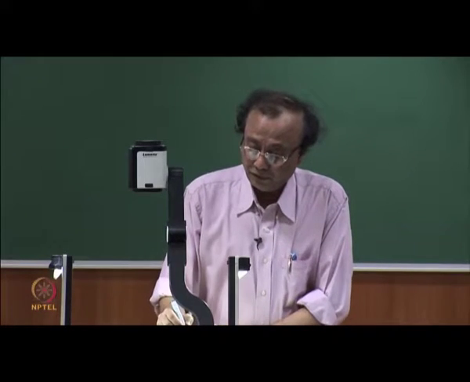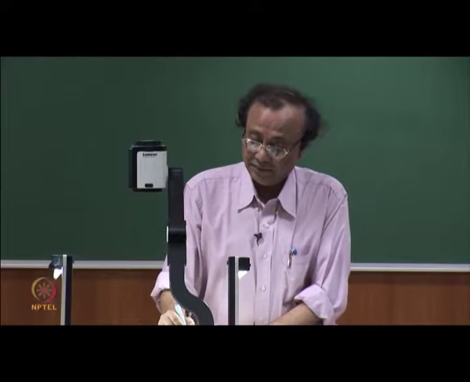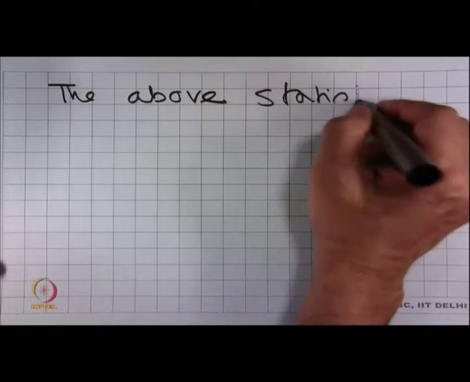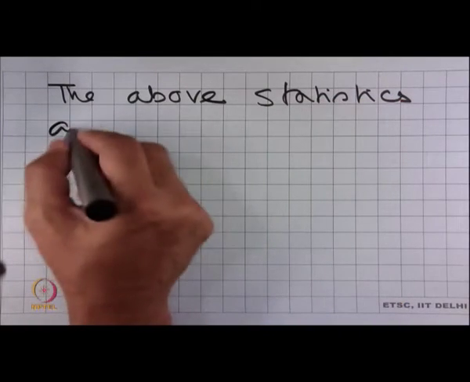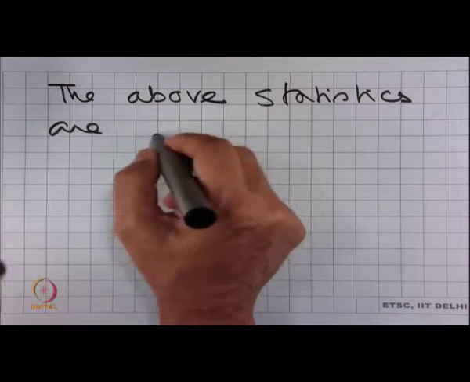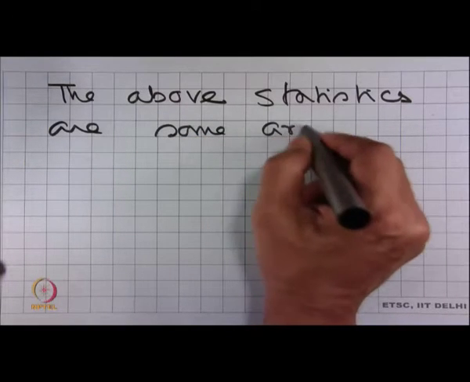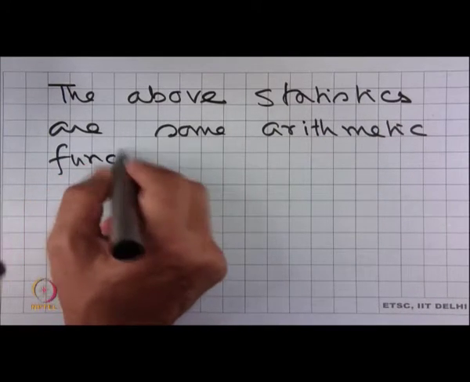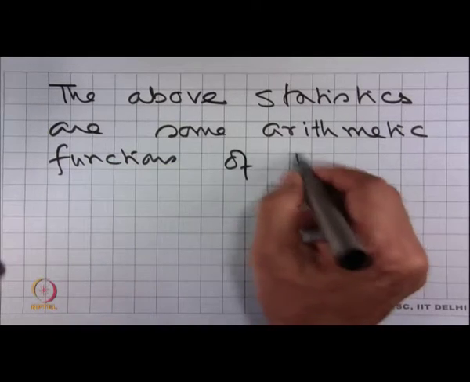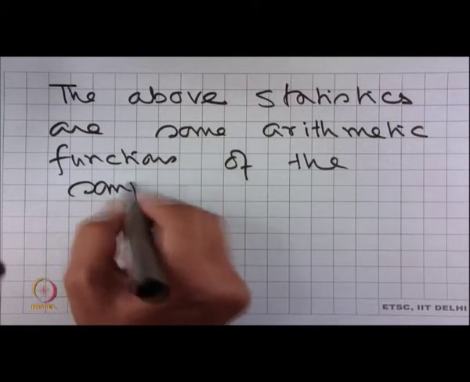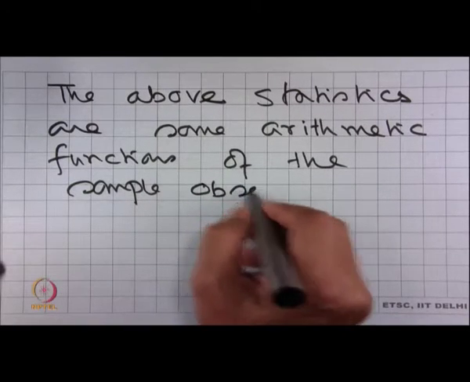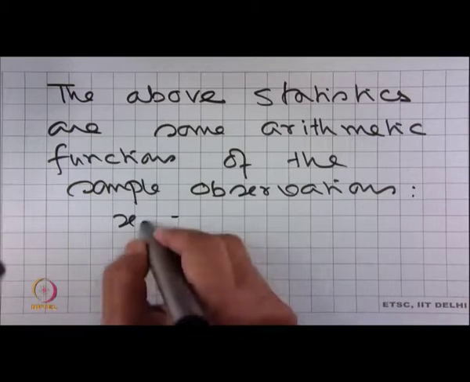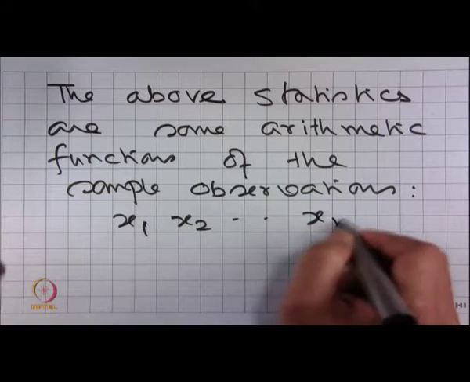So, if you observe, we see that the above statistics are some arithmetic functions of the sample observations X 1, x 2 up to x n.